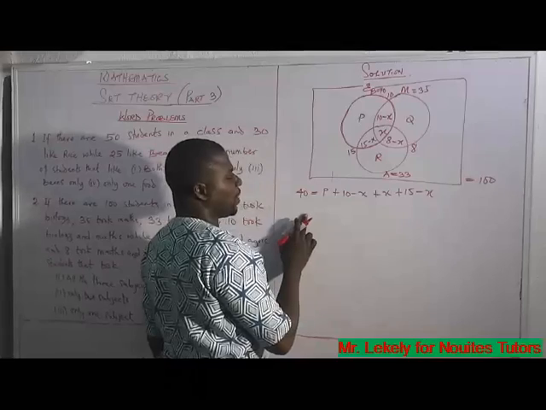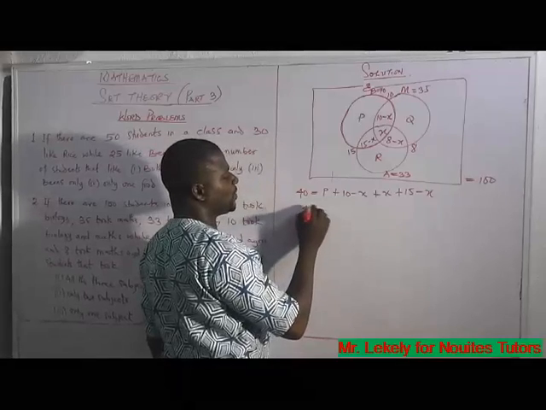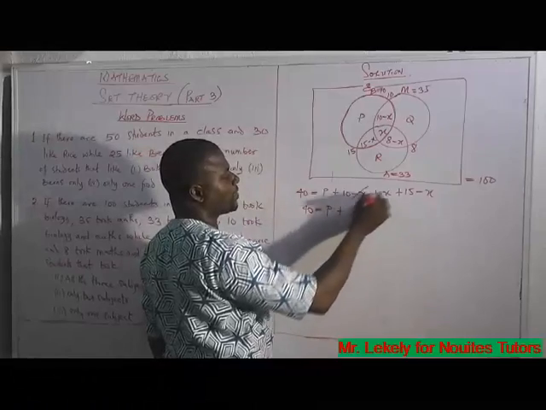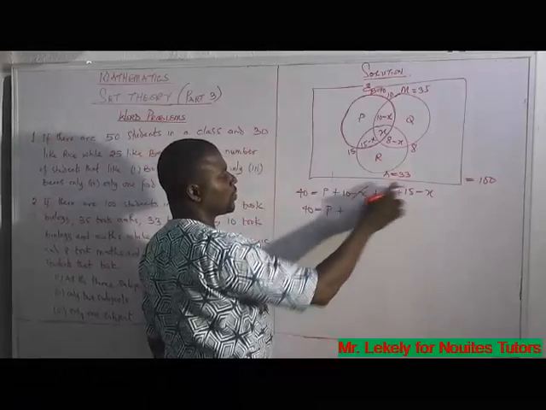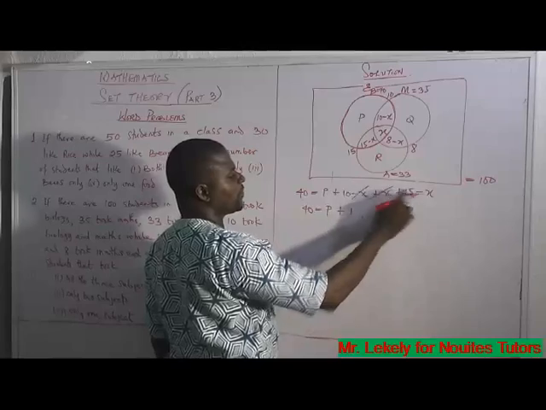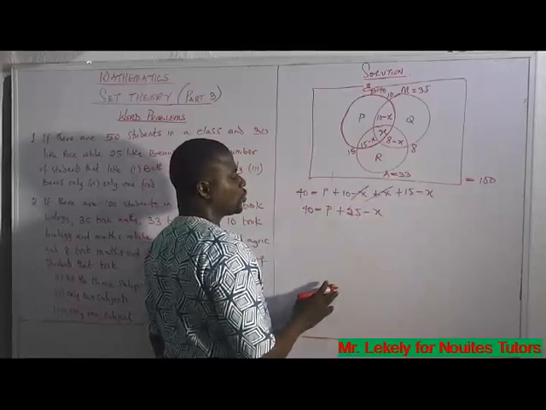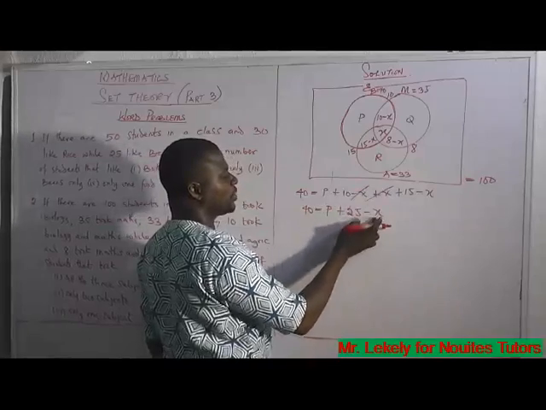So with this now, you can say 40 is equal to P plus, minus X can cancel plus X. So I'll be left with 10 plus 15 is 25, 25 minus X. So now I can bring these two here.